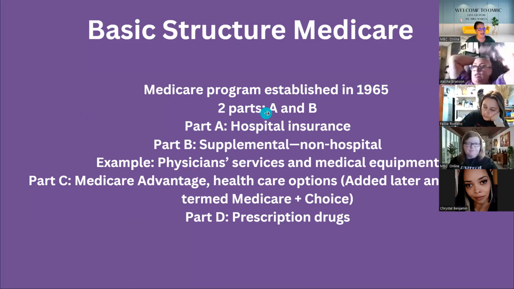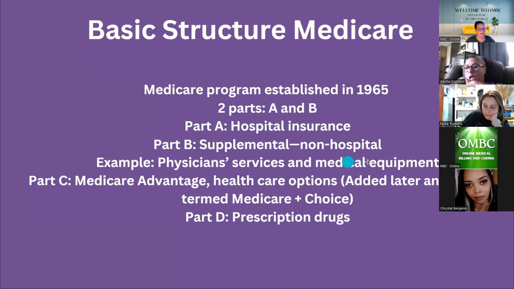The two parts, A and B: Part A is hospital insurance. Part B is non-hospital insurance. For example, physician services and medical equipment would be covered under Part B. Part C, Medicare Advantage, is a healthcare option added later and formally termed Medicare Plus Choice.